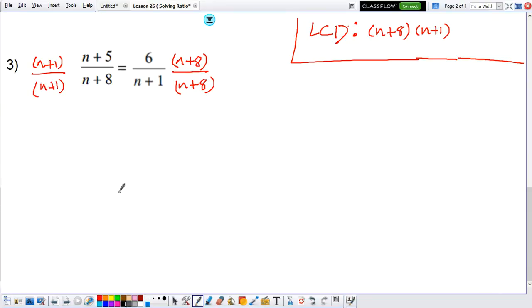So let's perform our multiplication. You multiply two fractions, so you multiply top, top, bottom, bottom. So let's do our multiplication. n times n is equal to n squared. n times 5 is equal to 5n. 1 times n, that is equal to n. 1 times 5, that is equal to 5.